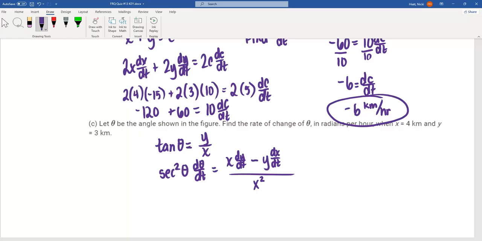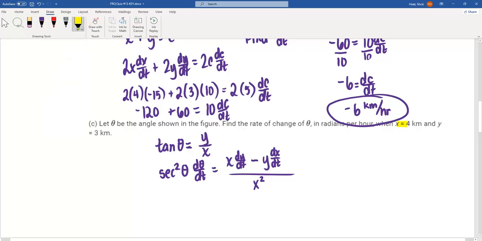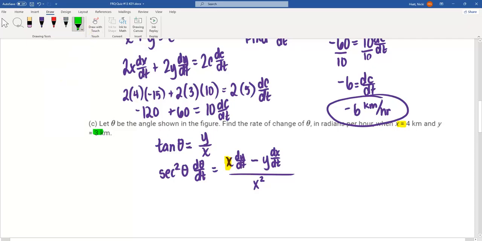Now, we're going to have to plug in. Here is where this one is a little tricky. Think of the things that I know. I know x is 4, and I know y is 3.